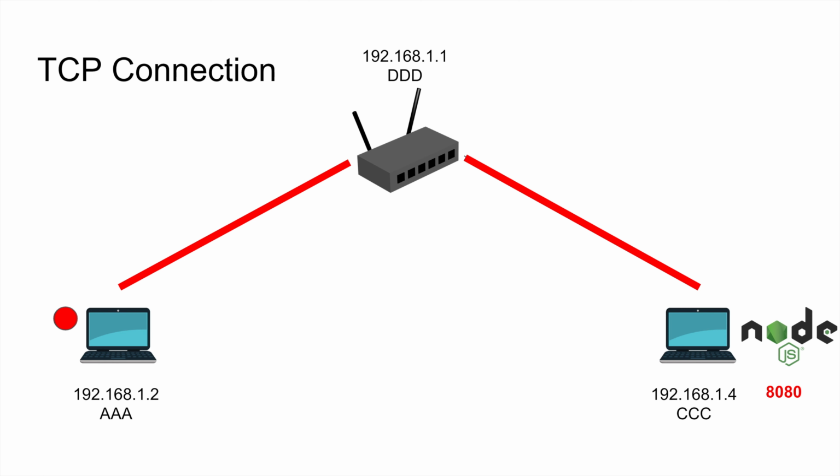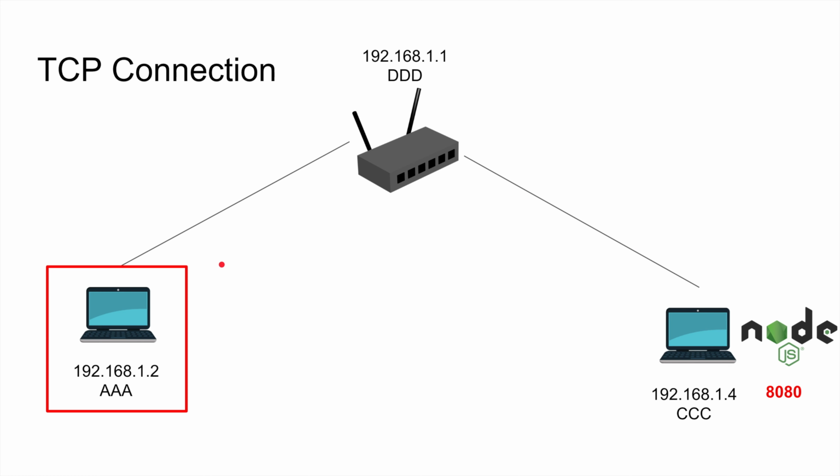So let's discuss how this happens. Here's what we do. In 192.168.1.2, you want to send a GET request to the Node.js application on 192.168.1.4. Let's assume there is no TLS. If you want to learn about TLS, I'm going to reference it here. But let's say no encryption, nothing.